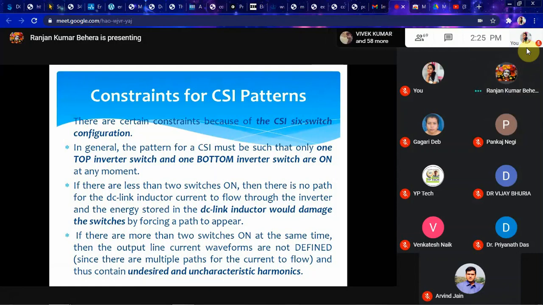So that is why we must know that there must be a continuous conduction path, one switch in the top and one switch in the bottom. Otherwise this may damage the switches, forcing a path to appear. For example, I have used a thyristor. A thyristor is a 4-layer device, and there are 3 junctions, J1, J2, J3: a PN junction, an NP junction, then again a PN junction.